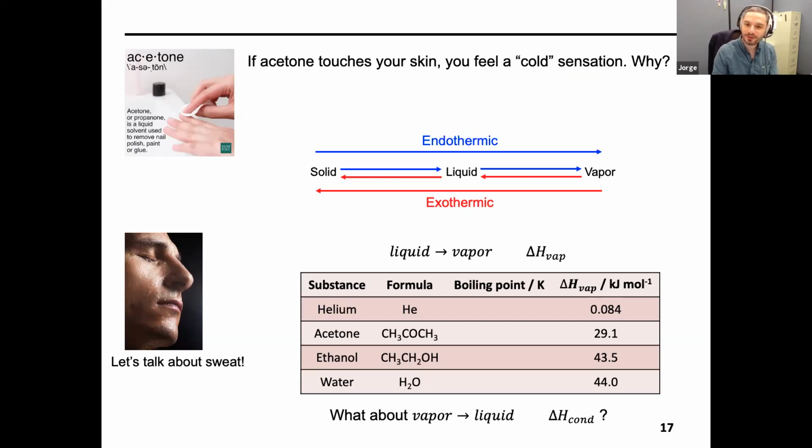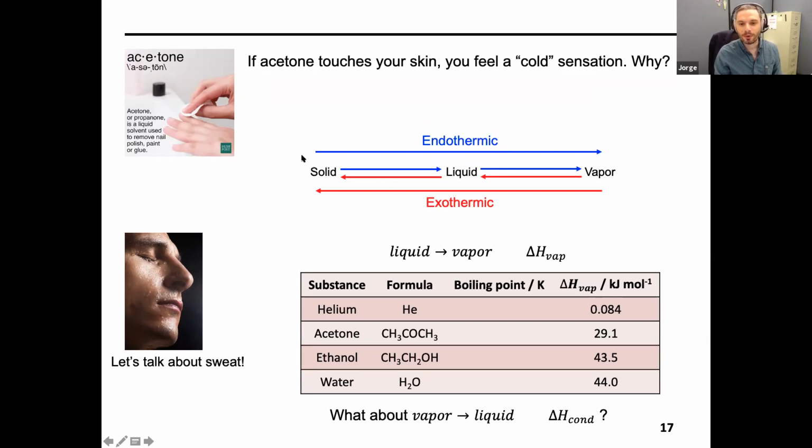And the same thing from liquid to gas, you need to provide energy to move from the liquid state to the gas state. Just by the fact that you need to provide energy to move from left to right, that means those transformations are all endothermic. So they absorb energy from the neighborhood to happen.